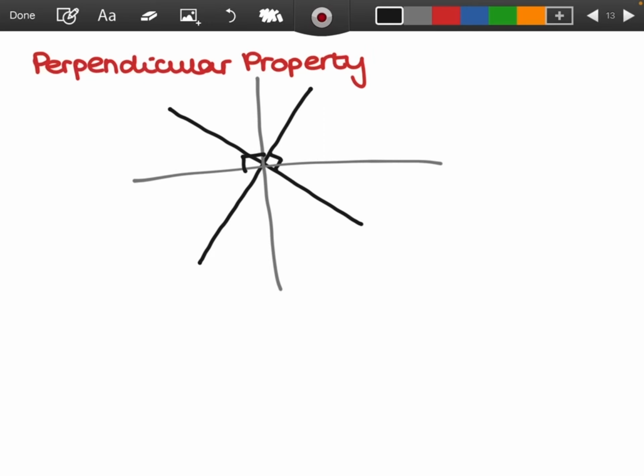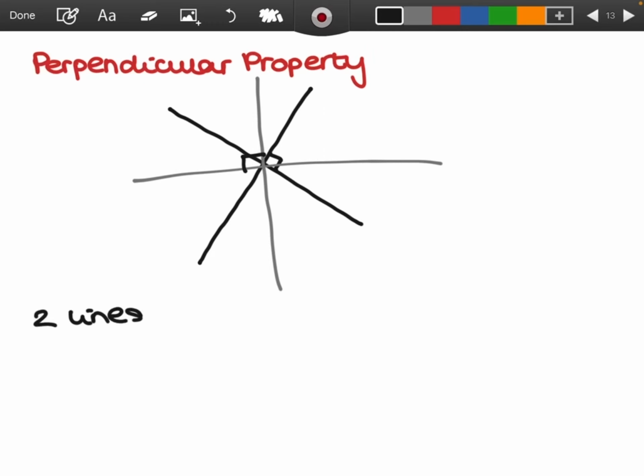So 2 lines are perpendicular if their slopes are negative reciprocals of each other, okay? What does that mean? So let's write that out first, and then we will go through what that would mean in terms of a line having slope m. What would the slope be of the line that's perpendicular to it?